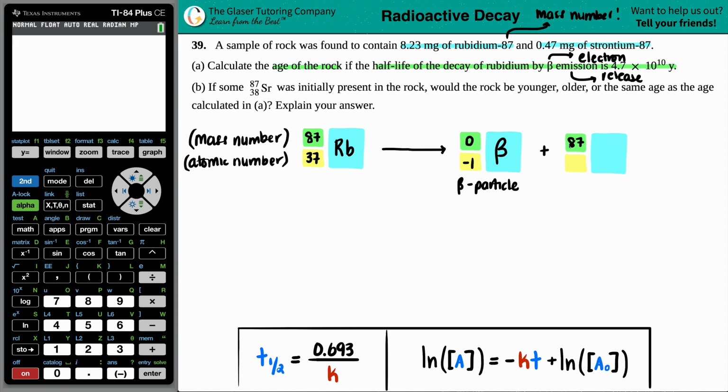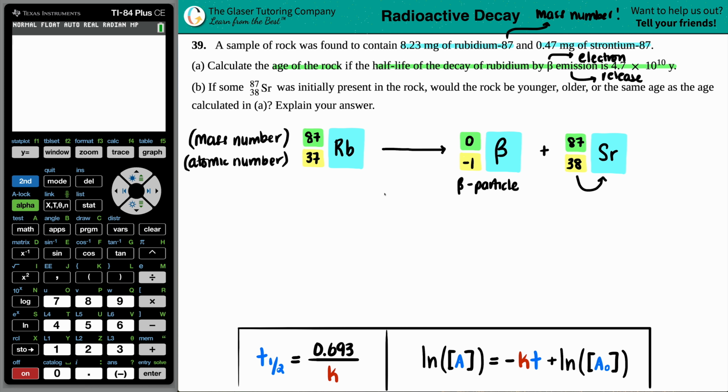Well, it would have to be one number higher, 38. 38 minus 1 equals 37. And now we always go on the periodic table and look for the atomic number, because the atomic number is never going to change. So number 38 is strontium, so Sr. And that's what they said here.